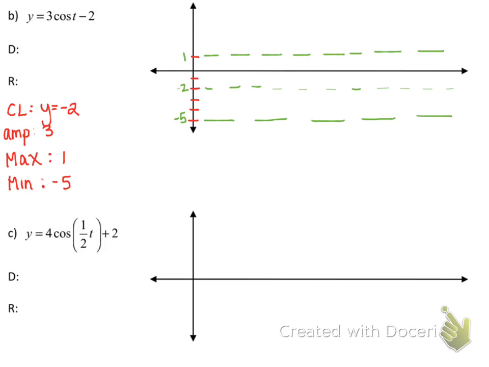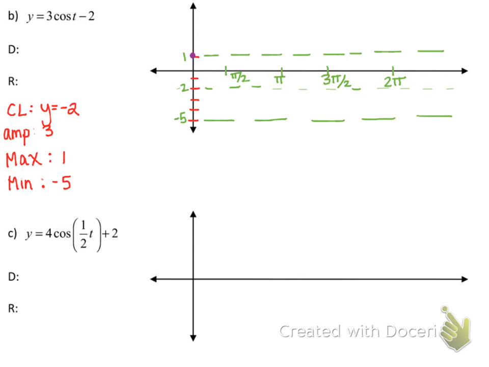So since we are doing cosine, we are going to start up at (0, 1). I guess it would help if I labeled these. Pi over 2, pi, 3 pi over 2, and 2 pi.